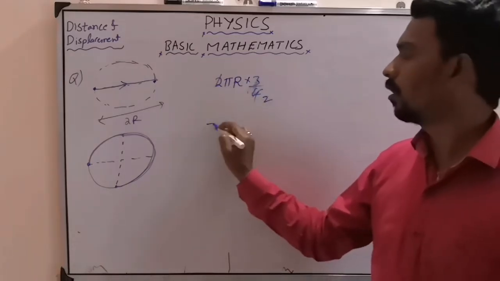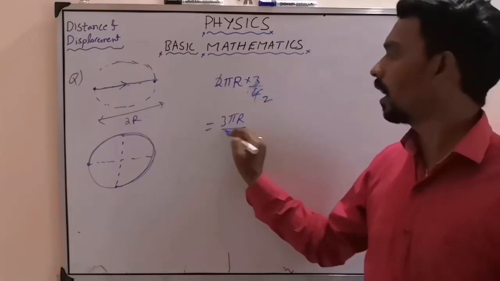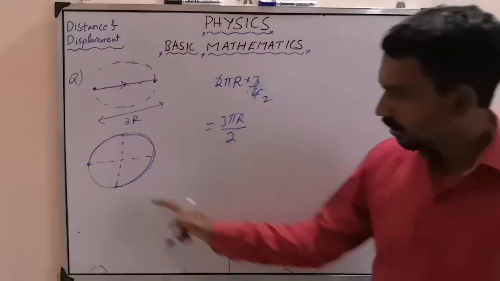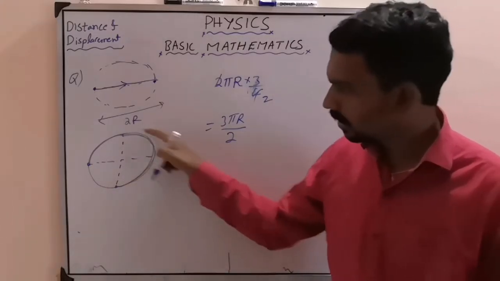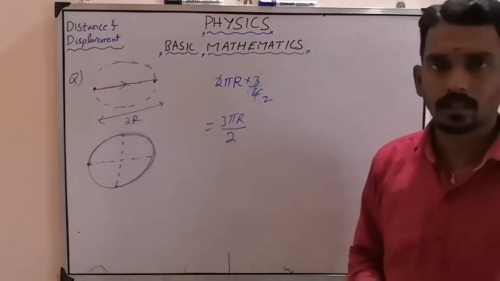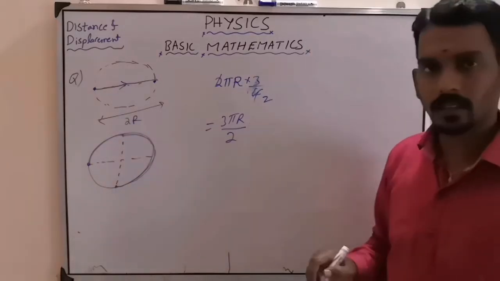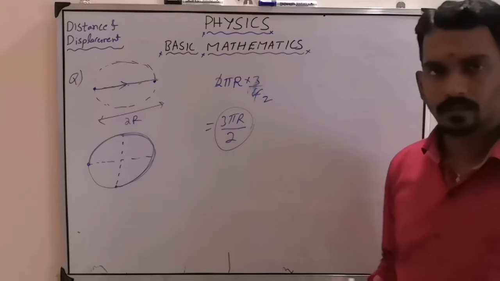So 2 2s are how much? 3 pi r by 2. This is 1/4, this is 2/4, this is 3/4. Like that, you will get the total distance.